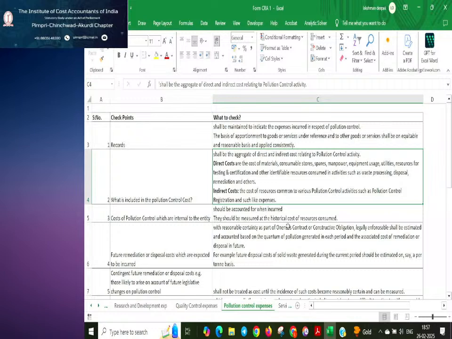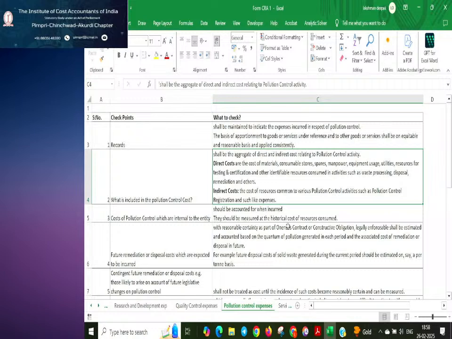Like for example, the river water got polluted, and for sure you know it is going to come on those industries which are placed near the river banks, and they got to spend money to clean up the river. So they know this is going to come as an expense in the future. It is more or less like a contingent expense, keep it like a contingent liability.